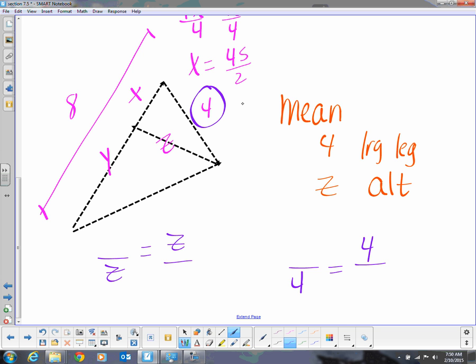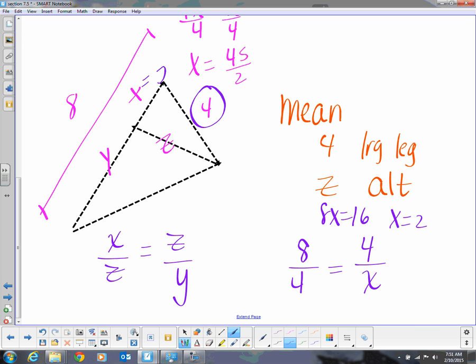We're on 4. X, yes? The whole hypotenuse. The altitude is the geometric mean between what, Devin? X and Y. Bree, then you solve. This would be 8x equals 16. X equals 2.